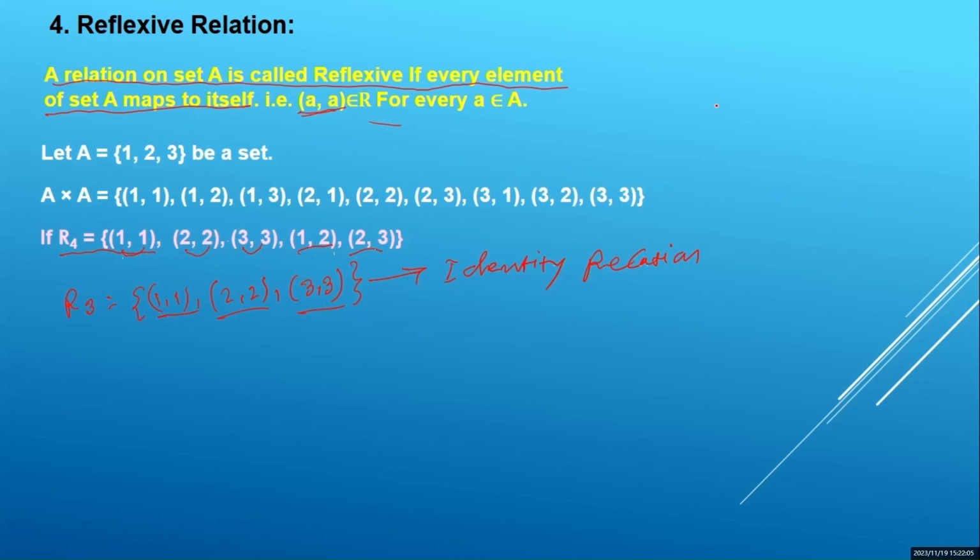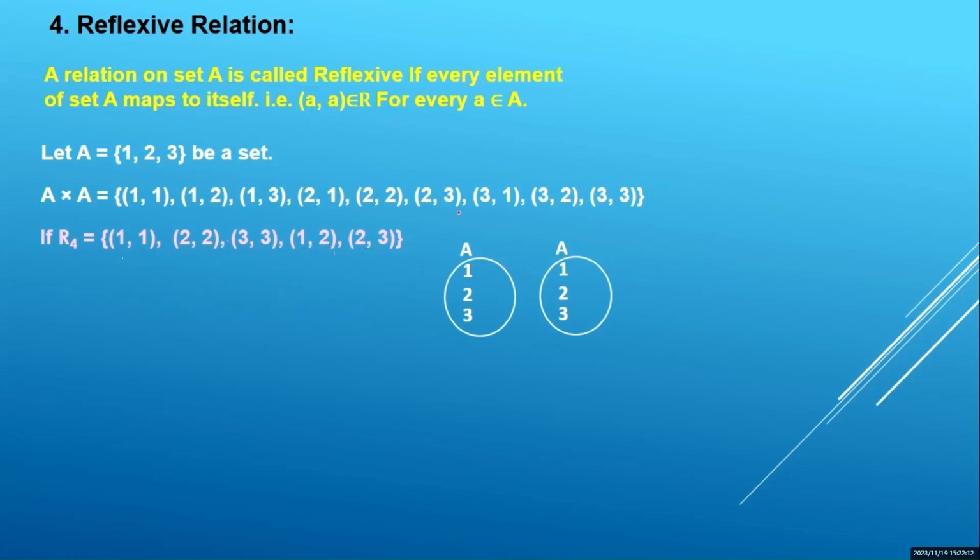Let's see the diagram. For a reflexive relation, 1 should be connected to 1, 2 should be connected to 2, 3 should be connected to 3. It's compulsory.